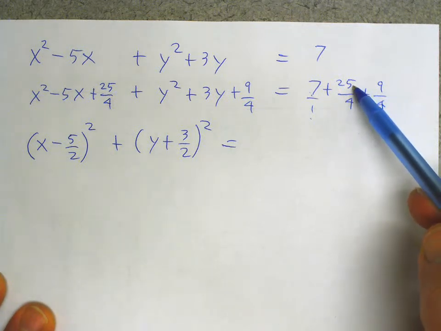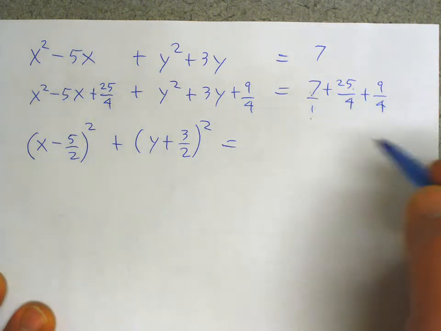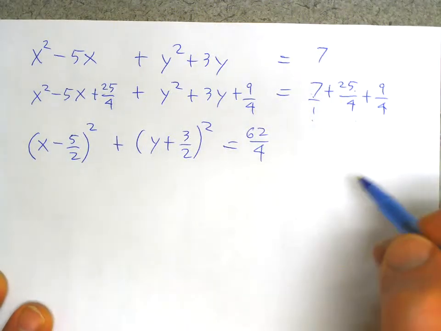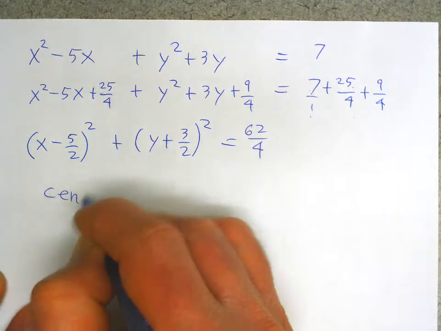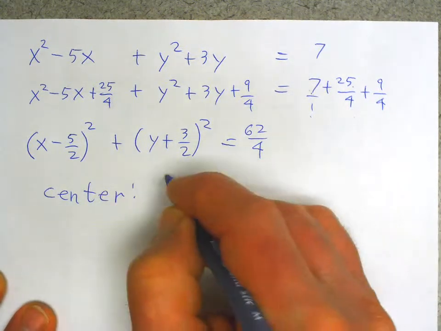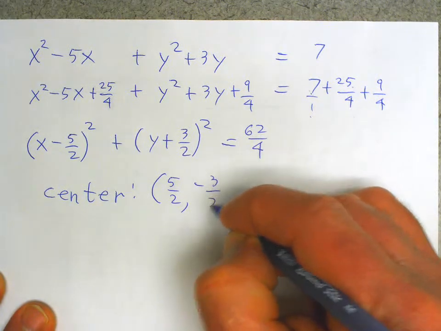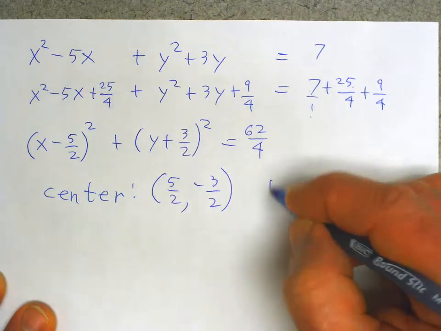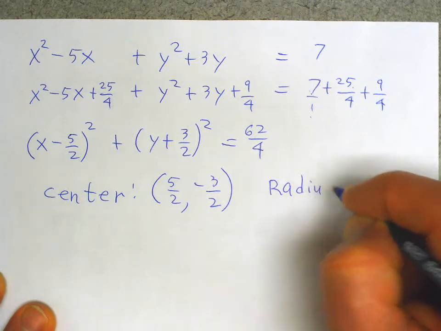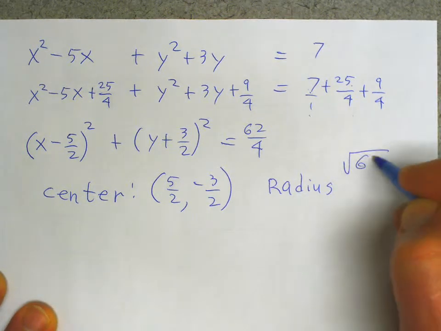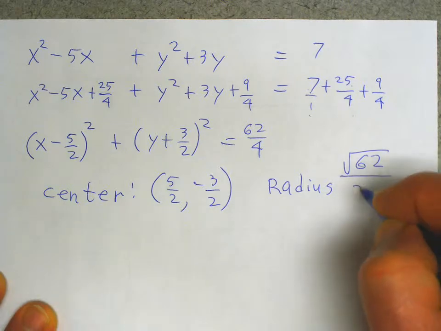And then 53 over 4 plus 9 over 4 is 62 over 4. So the center is 5 halves for x, negative 3 halves for y, and the radius, when you take the positive square root of this, you get the positive square root of 62 in the numerator and 2 in the denominator.